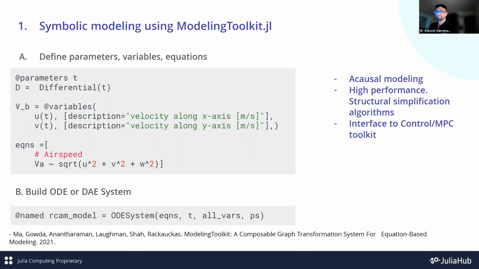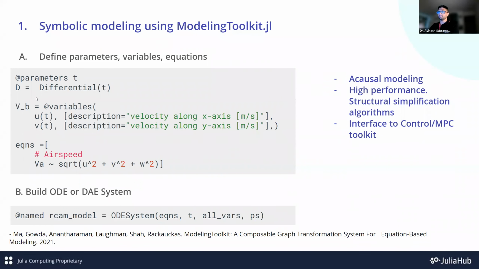So the first step in the workflow is to perform a symbolic modeling, again using ModelingToolkit.jl. Now, ModelingToolkit.jl generally can perform acausal modeling and also has high performance structural simplification algorithms included. It also provides an interface to the control and MPC toolkit.